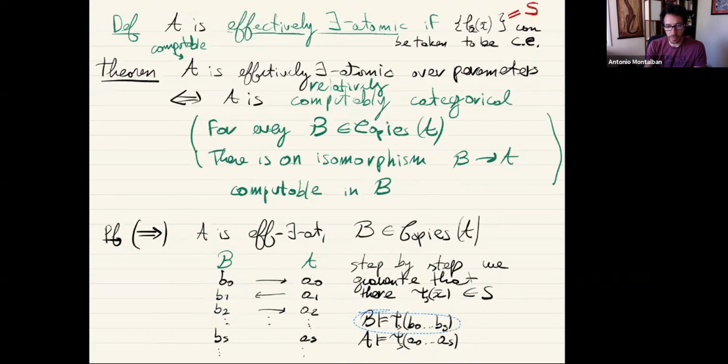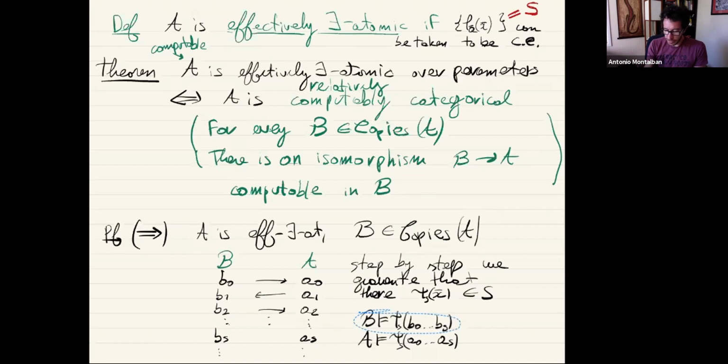S is computably enumerable, and the formulas are existential. So we can enumerate S, and we can check if it's true. I mean, checking an existential formula is also computably enumerable. You have to wait until you see the witnesses, but it's also computably enumerable. I'm going through a few details quickly here.